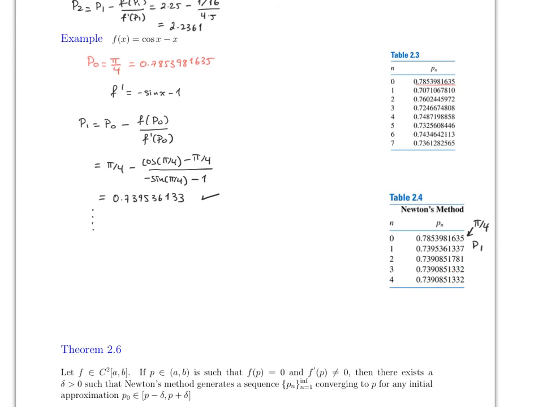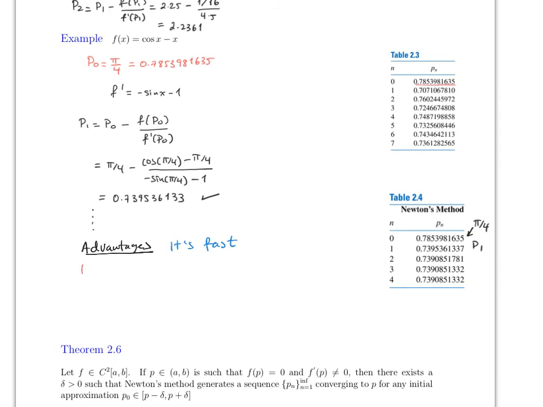So the point is that Newton's method has the advantage that it is very fast if you start close to the solution. So the advantage of this method is that it is fast, when it works, pretty fast.